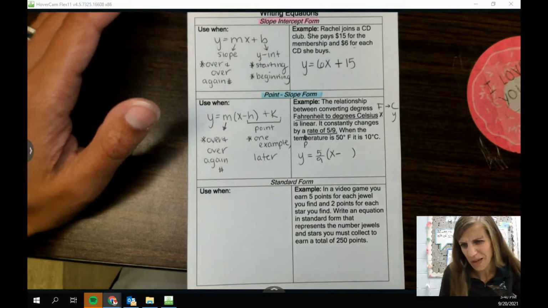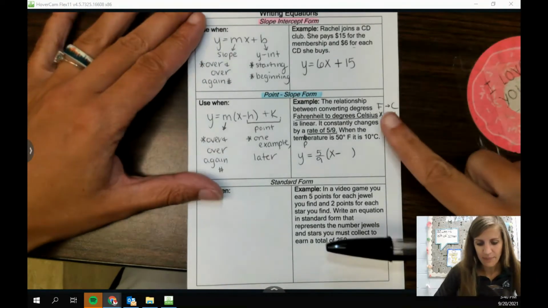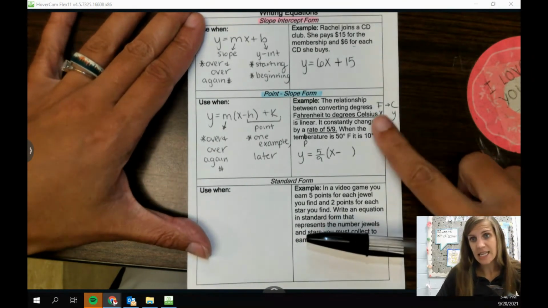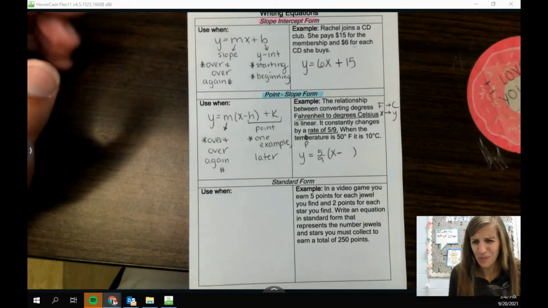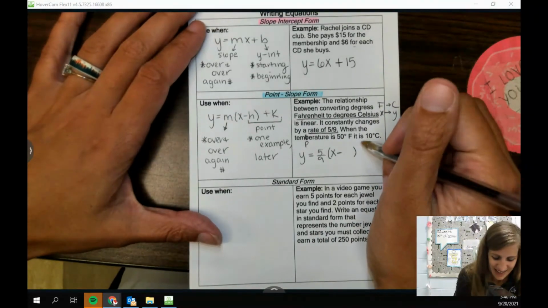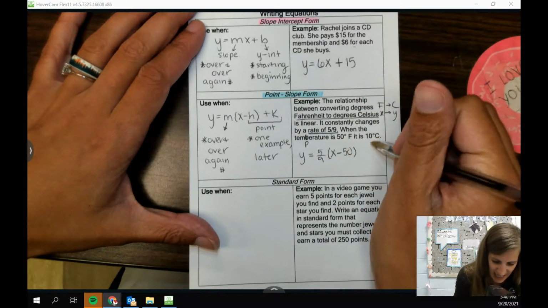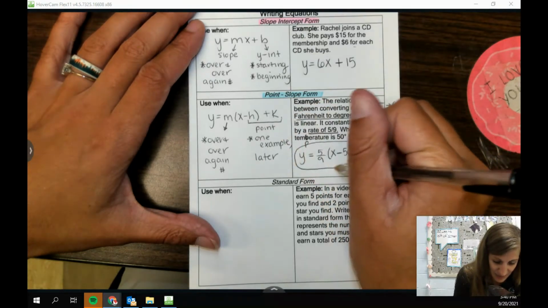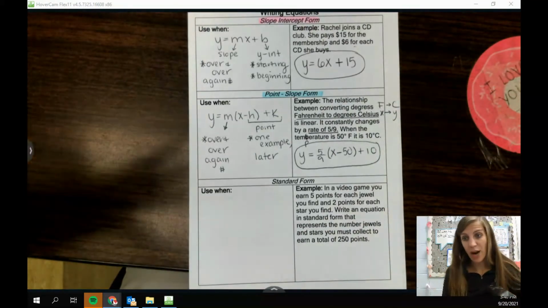Like it just goes in alphabetical order, X then Y. And because I know Fahrenheit and I'm going to Celsius, I need to know X then Y, or F then C. I hope that's making sense. So we're going to go 50 first because that's Fahrenheit, and then 10 second because that's Celsius. And again, we're not really doing anything with these equations right now. We're just practicing writing them.